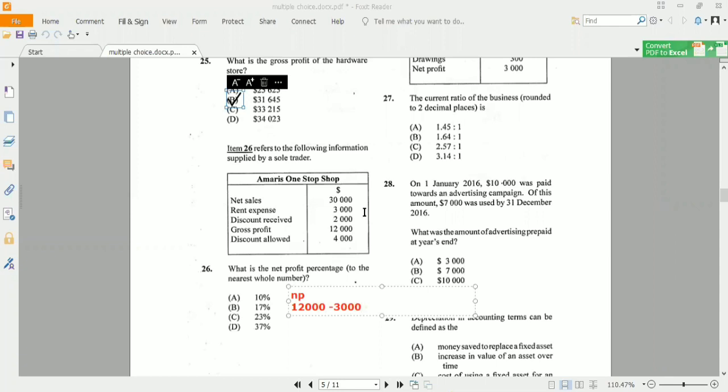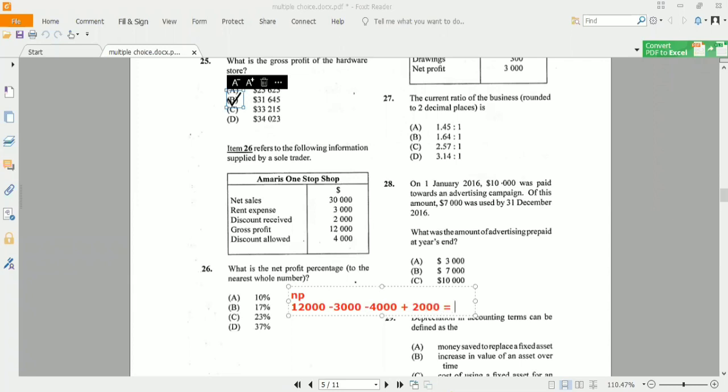3,000. We also have another expense of 4,000, which is the discount allowed. And we have discount received. So we need to add that 2,000.